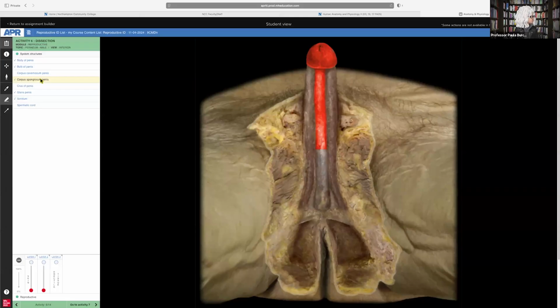And notice that the corpus spongiosum is going to end in the glans penis here. This is the crus of the corpora cavernosa. So this is going to be the root of the penis here. And the crus is going to then go into the corpus cavernosa or corpora cavernosa within the penis.